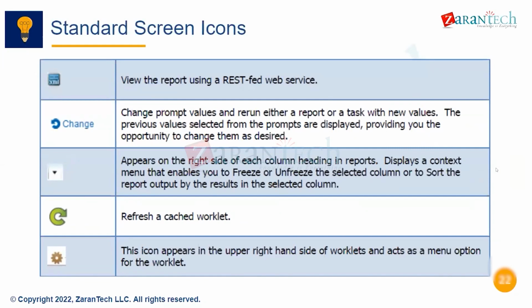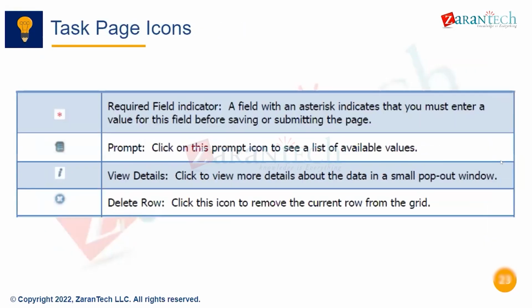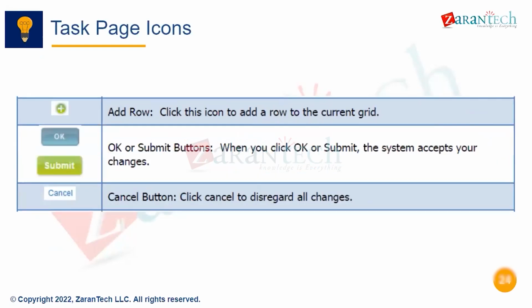If you don't understand any symbol in Workday, just move the cursor on it. It will show you what it is. It will show you this is a refresh. So don't take any stress about the symbols right now. All this information is available in the LMS. You can just go through once.